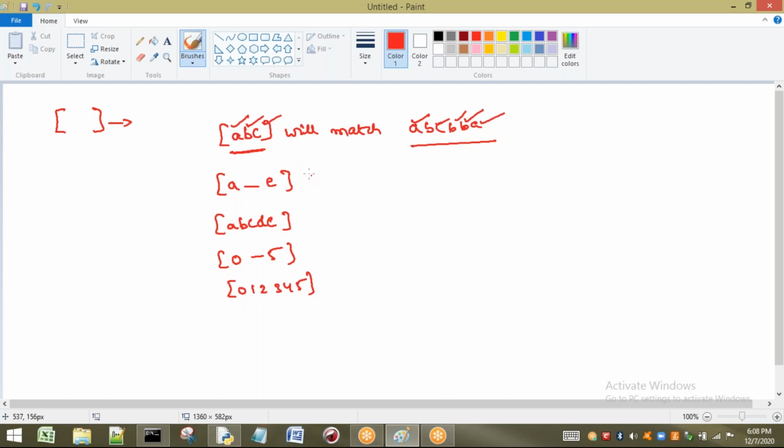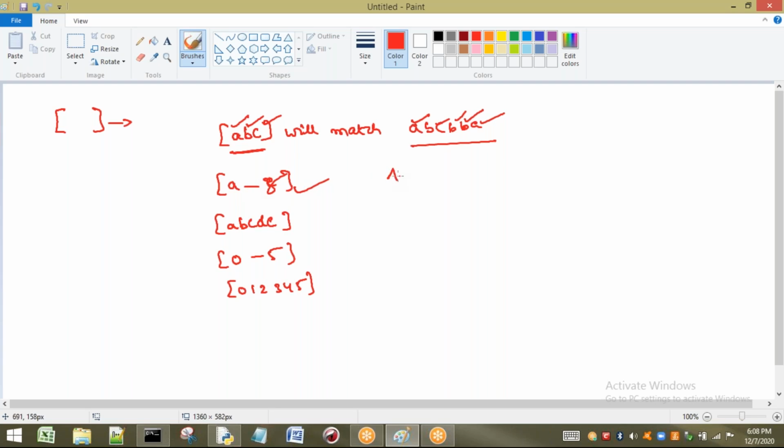Without writing all these characters directly, I can write A dash E. Otherwise, if you want A to Z, that means A B C D E F and so on up to Z, I can just write A hyphen Z. We have already seen some examples for this in the previous session.